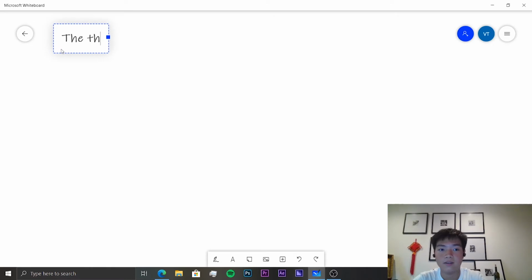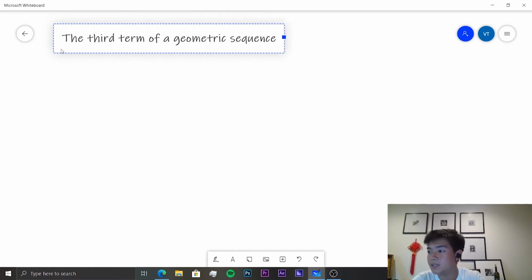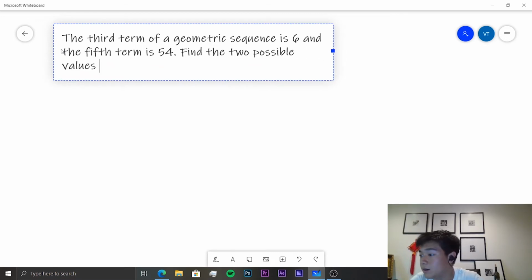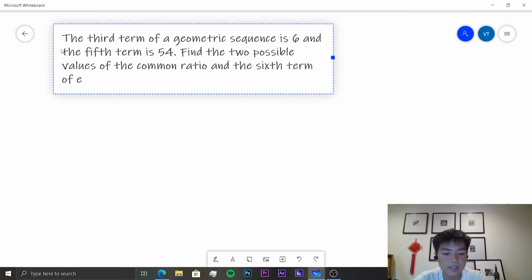The third term of a geometric sequence is 6, and the fifth term is 54. Find the 2 possible values of the common ratio and the 6th term of each sequence.